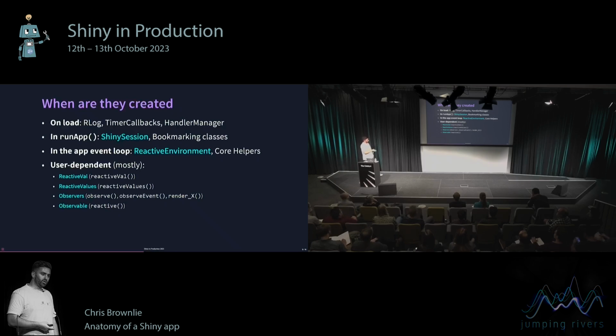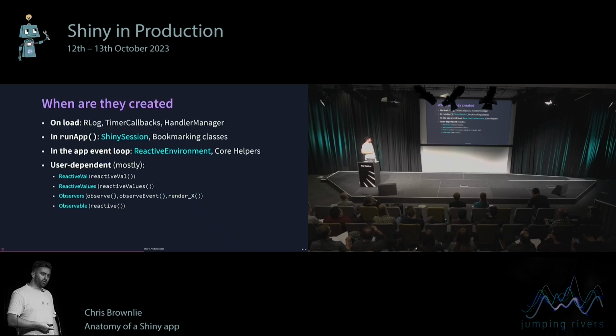And then in the app event loop, Shiny kind of boils down to a while loop: while the app's running, check if stuff needs to be done, and then do it. The reactive environment and a lot of the core helper classes in the top left of that diagram handle that. That's where all the reactivity happens. So all the actual magic of a Shiny app happens in the app event loop.